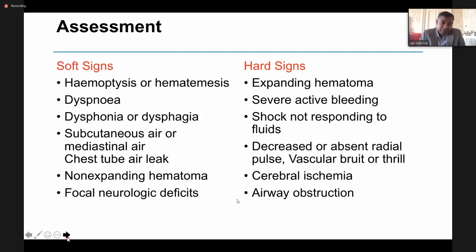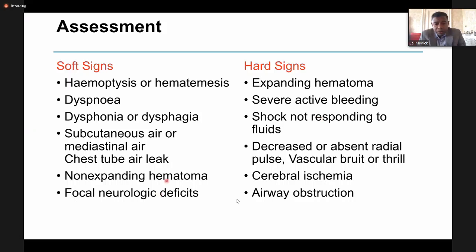So it's acceptable to have the soft signs. The focal neurological deficit is okay, which is not okay if the patient is developing cerebral ischemia or stroke. That's not okay. Dyspnea is okay, but if it progresses to severe stridor, really airway obstruction, that's a hard sign.